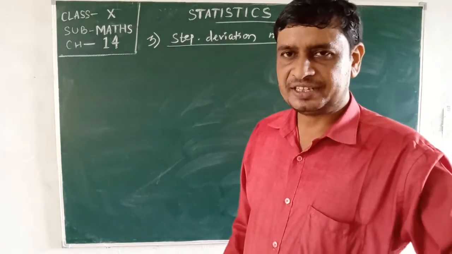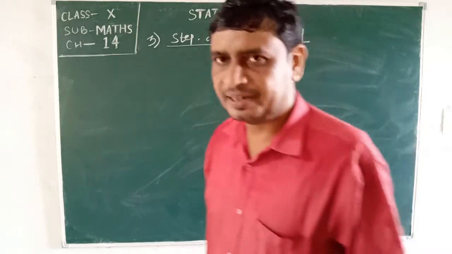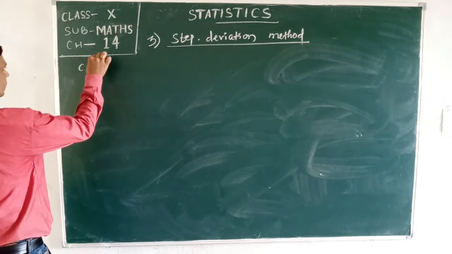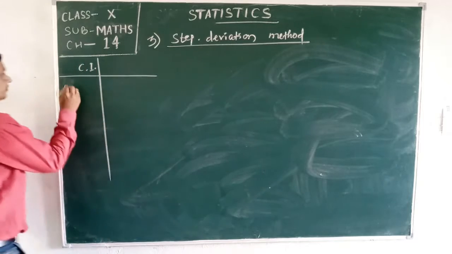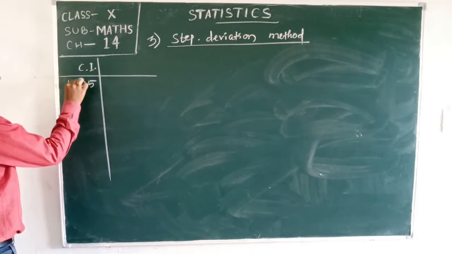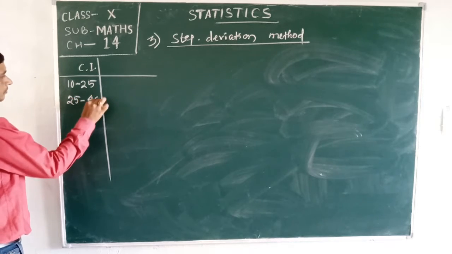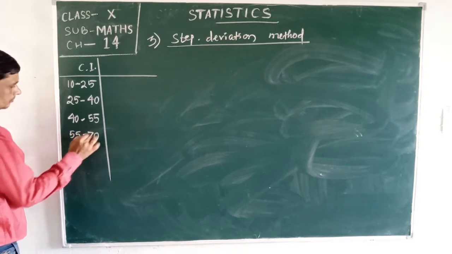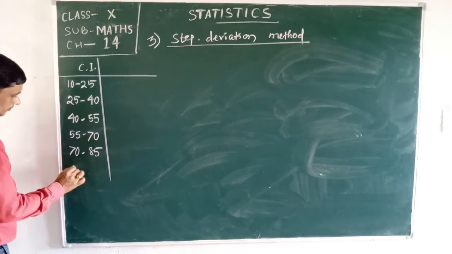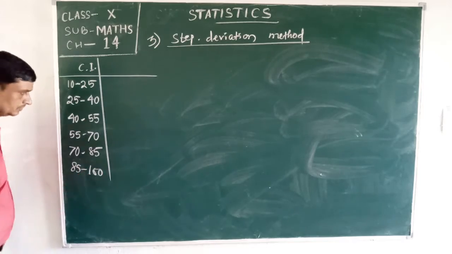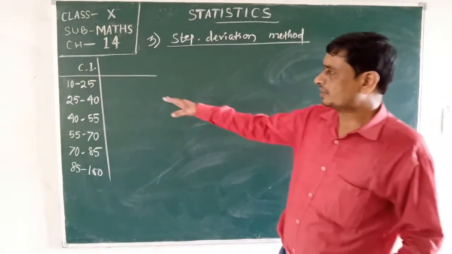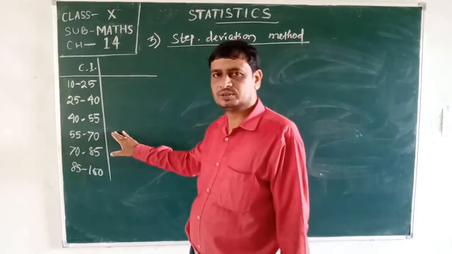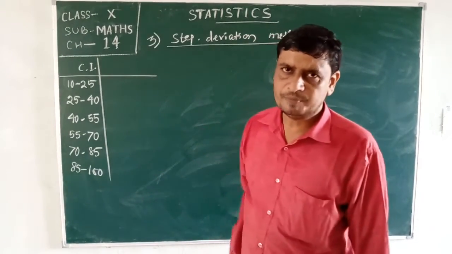Here the data which is taken in the previous example, the class intervals are 10 to 25, 25 to 40, 40 to 55, 55 to 70, 70 to 85, and 85 to 100.